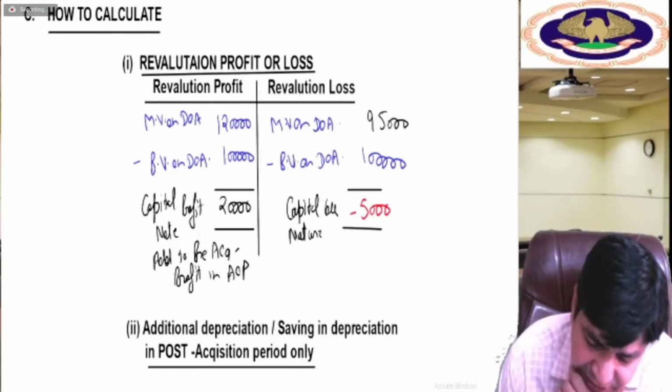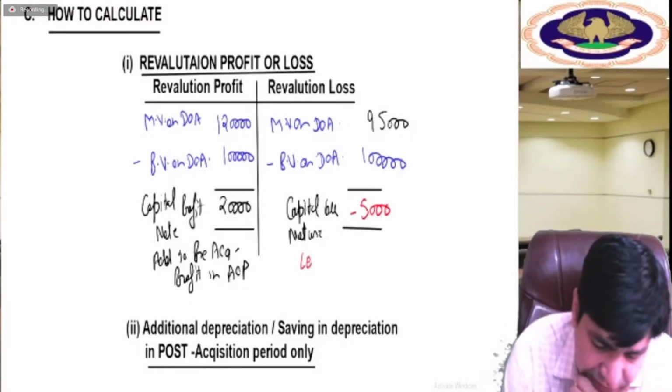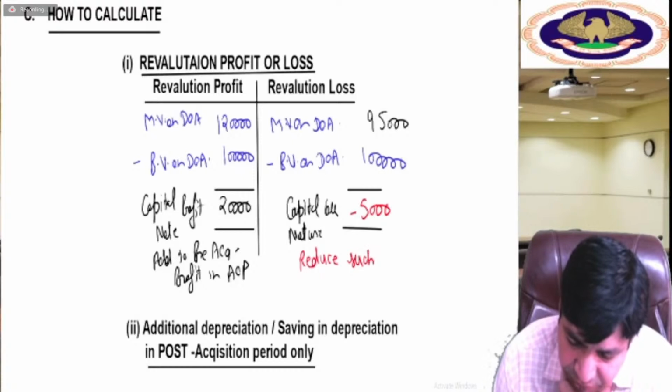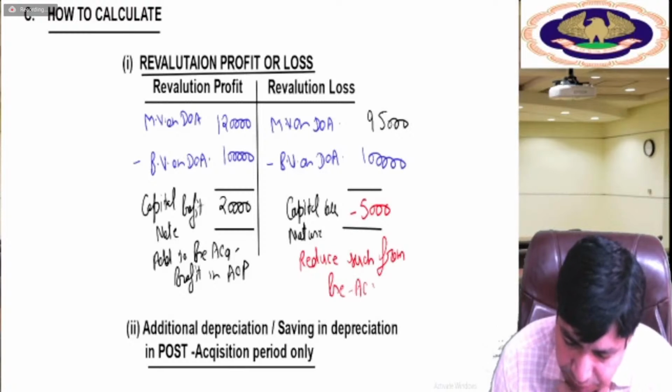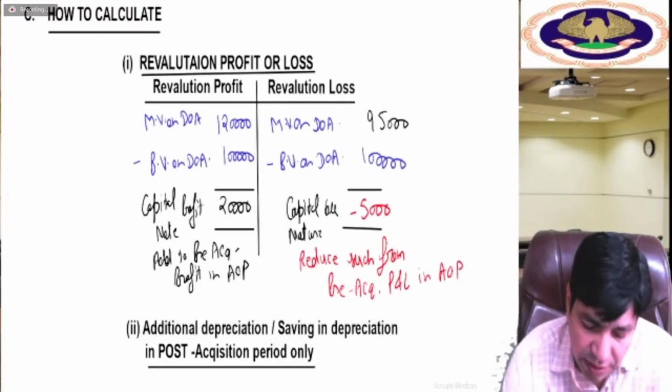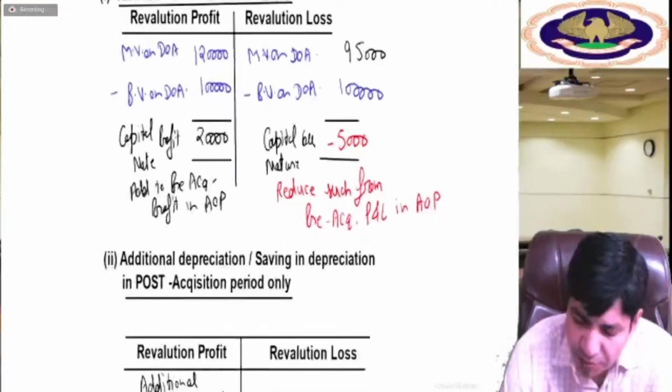So beta, please write down less, or you can say reduce, such from pre-acquisition profit or loss in analysis of profit.